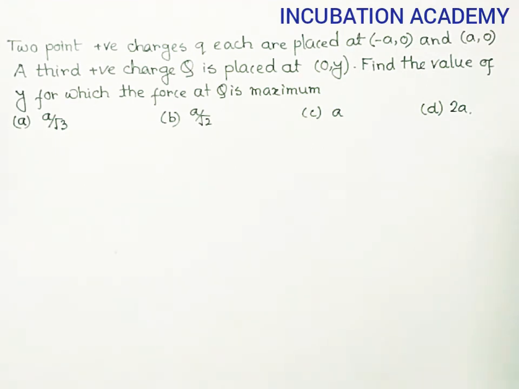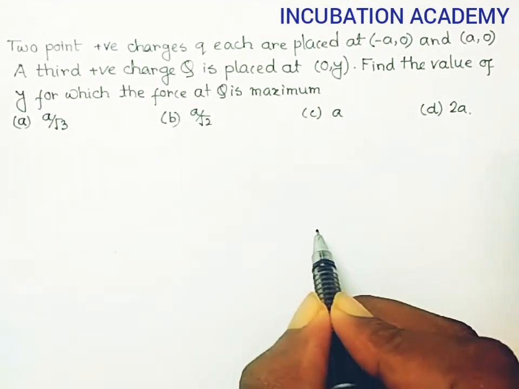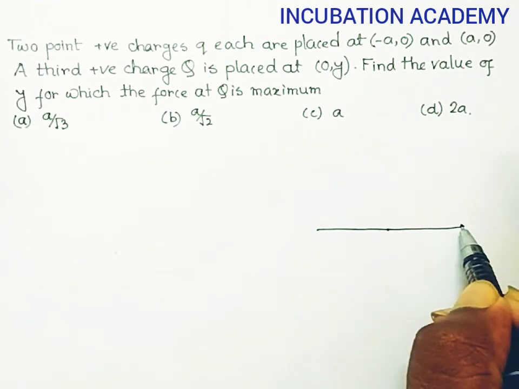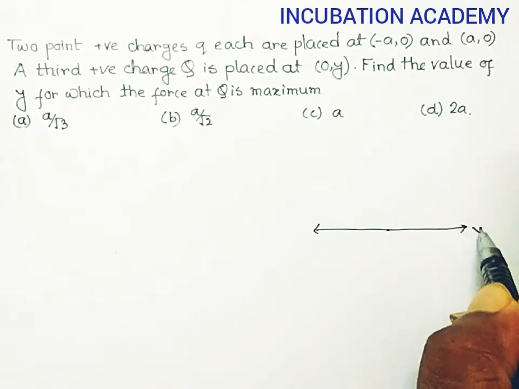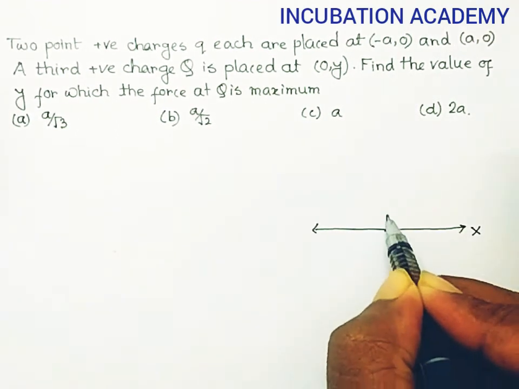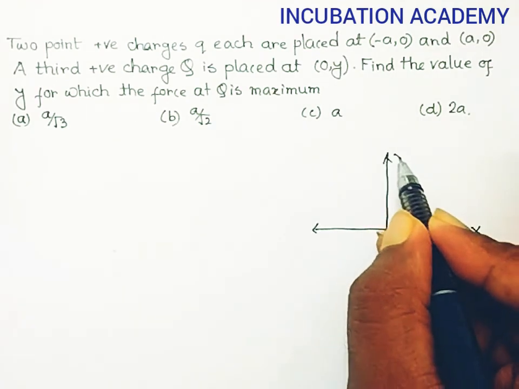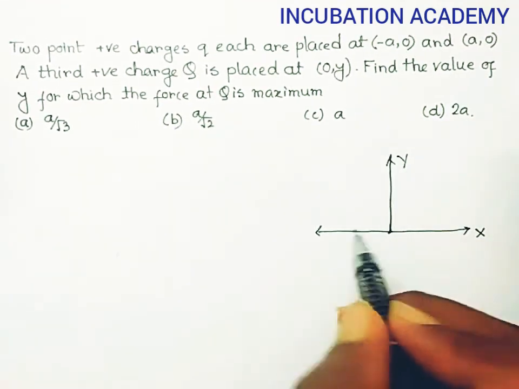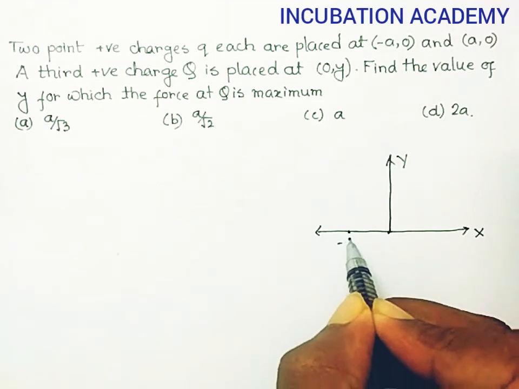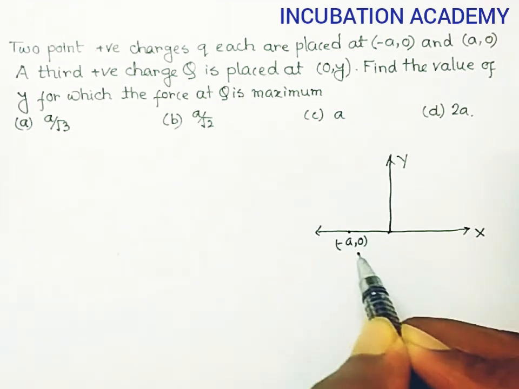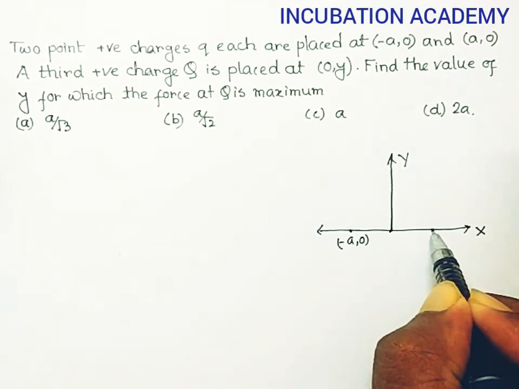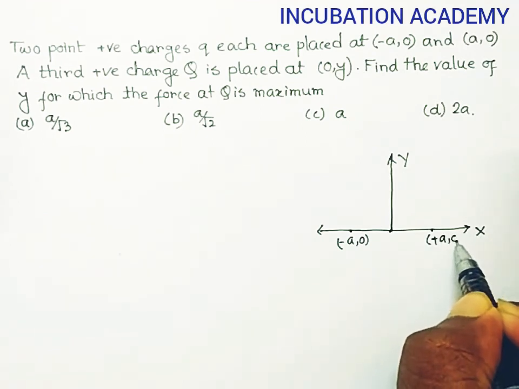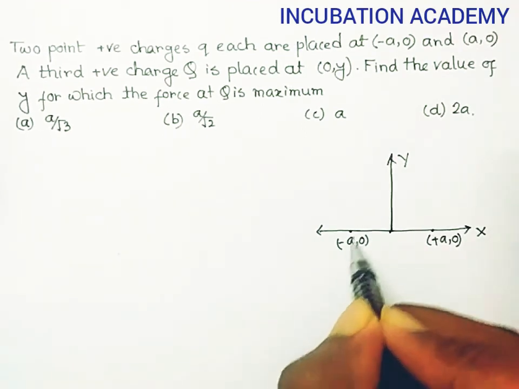So here the arrangement is in the xy plane. Let us consider this is the x-axis, this is the origin, and this should be the y-axis. Let this point be (minus a, 0) along the negative x-axis, and this is (plus a, 0) along the positive x-axis.